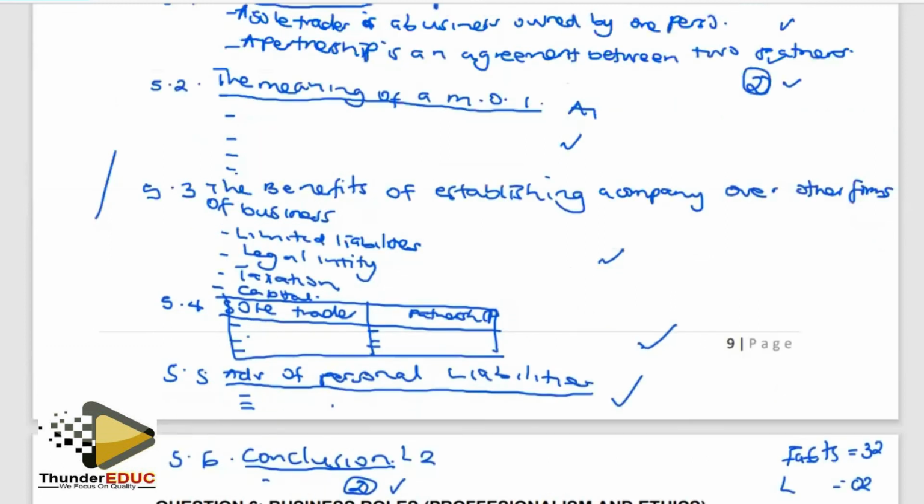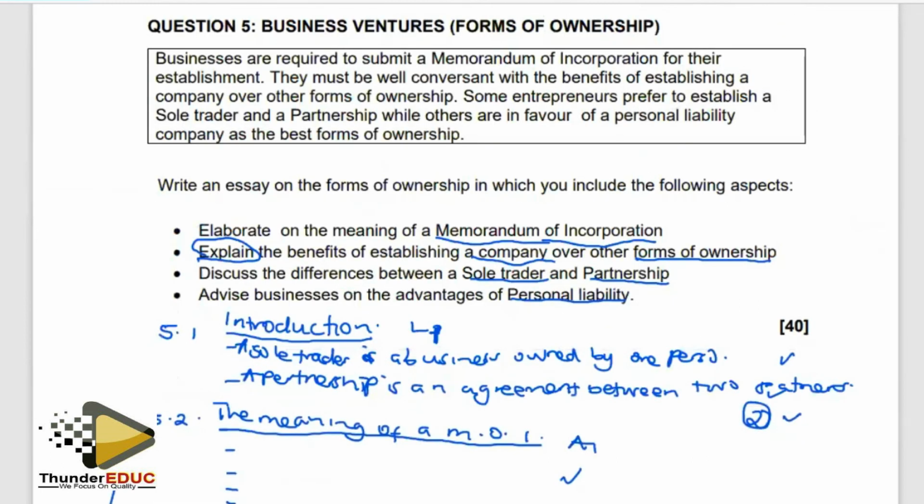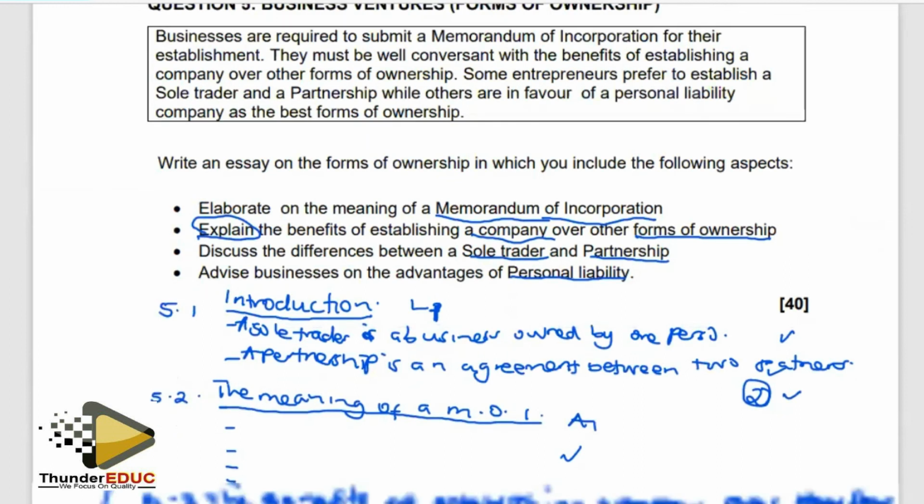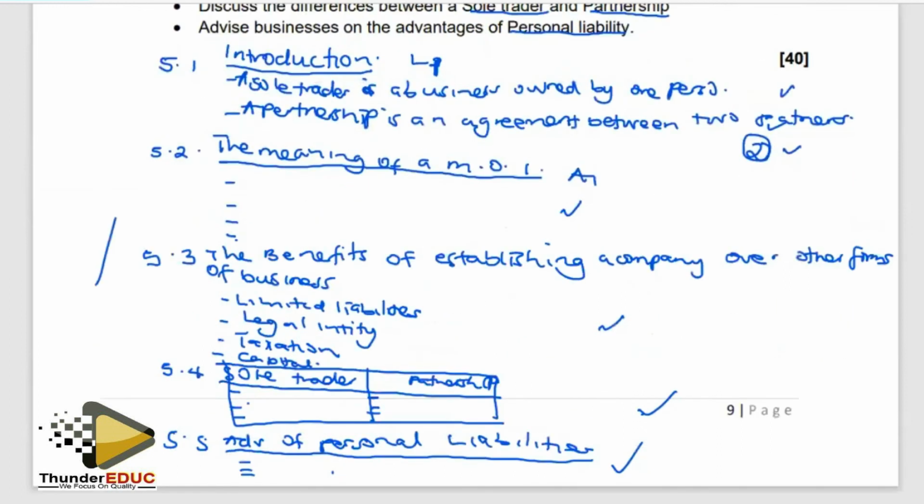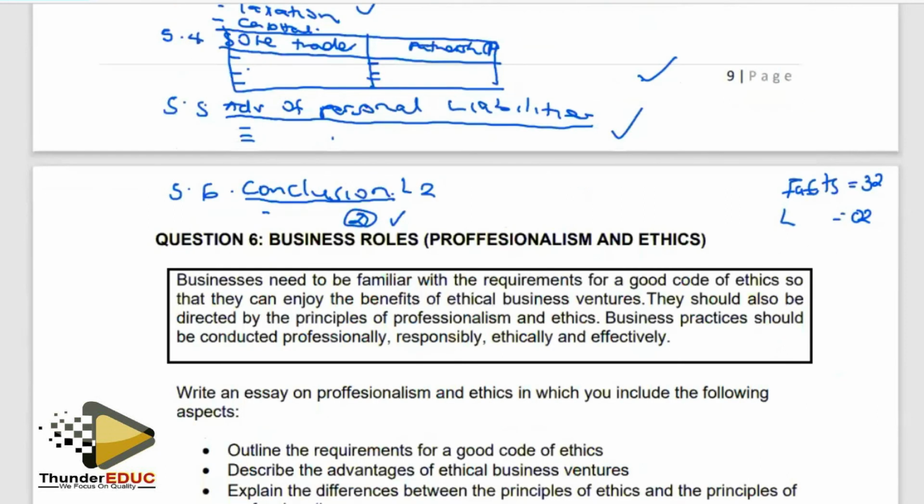With your introduction, that was the first layout 1, and then the second layout is always awarded on the conclusion. Introduction and conclusion give us 2 marks. Then look at analysis.